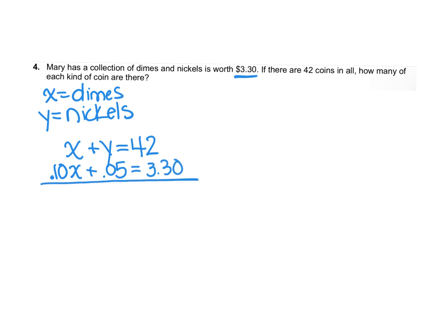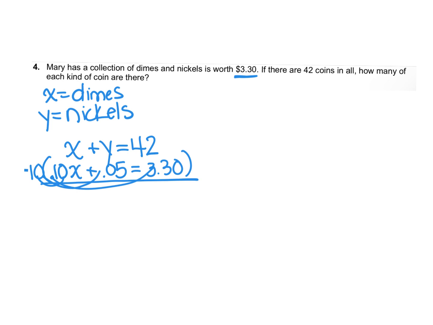All right, so let's go ahead, and we could multiply the top by either 10 cents or by 0.05, or we could multiply everything by 10 on the bottom, or a -10, so we get some whole numbers. So I'm going to go ahead and do that. So I'm going to multiply everything by, and I'm going to want a -1, so -10, and then I'm going to distribute that.